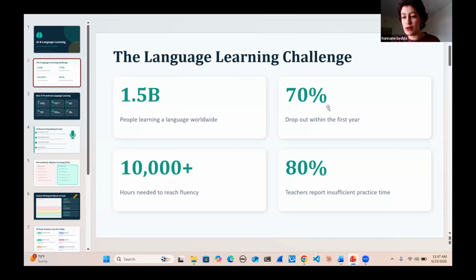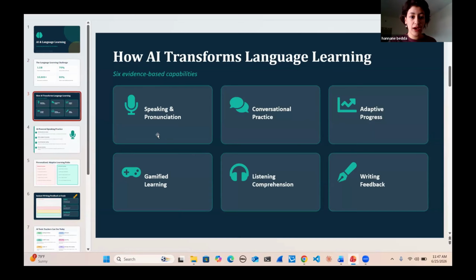This can be due to a lot of factors, including the feeling of embarrassment to say a word, pronounce a word, or talk in the target language. And 80% of teachers report insufficient practice time. For example, the teacher cannot focus on one person and proceed with that person. It's kind of challenging.